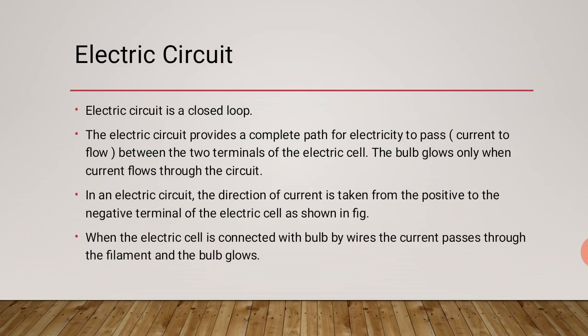Next slide. The next thing is the electric circuit. Last class we studied electric current, which means the movement or flow of electric charges. The movement of electrons makes electric current flow, and the pathway through which electric current moves is called an electric circuit.